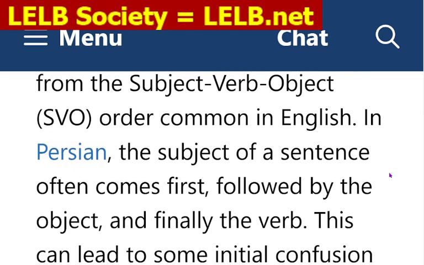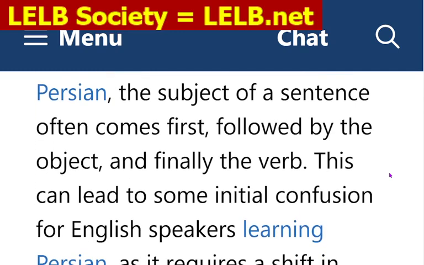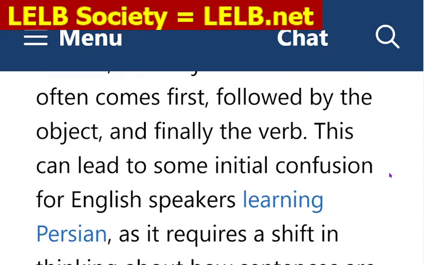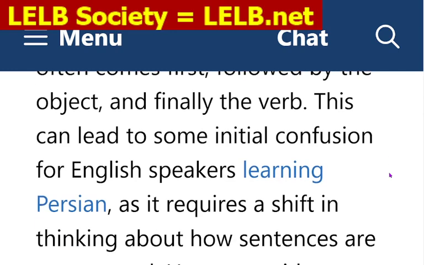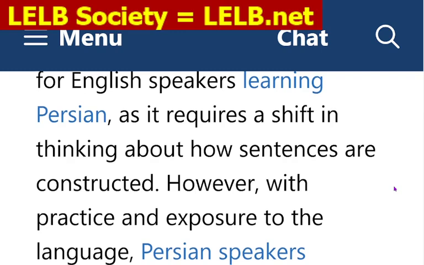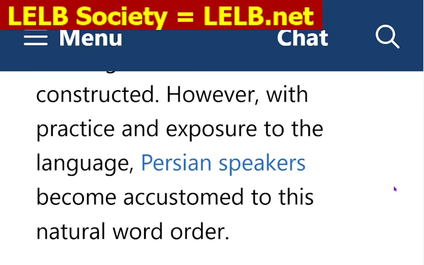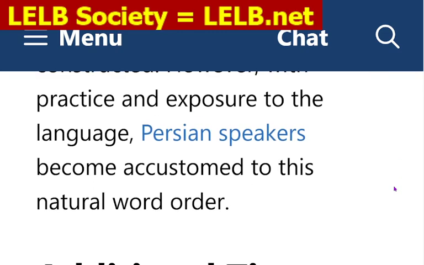In Persian, the subject of a sentence often comes first, followed by the object, and finally the verb. This can lead to some initial confusion for English speakers learning Persian, as it requires a shift in thinking about how sentences are constructed. However, with practice and exposure to the language, learners become accustomed to this natural word order.